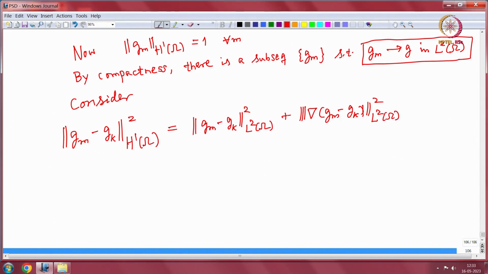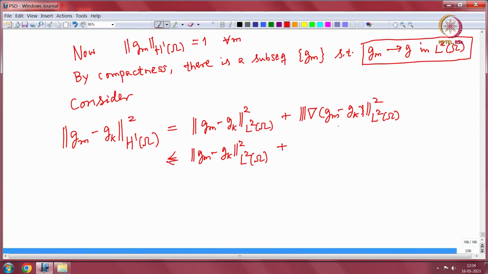Plus the norm of grad Gm minus grad Gk squared in L2. This one we just keep as it is. So there is no problem. In fact, the first part goes to 0 as m, k go to infinity.